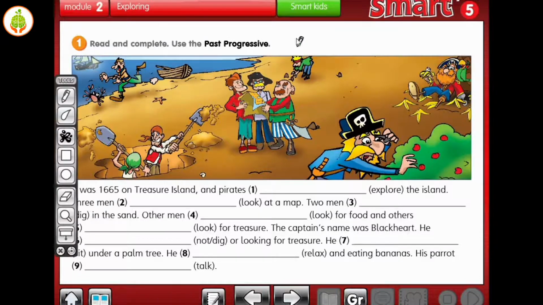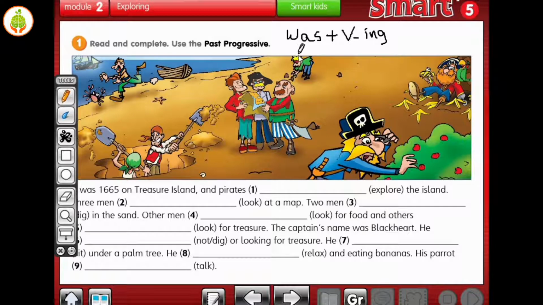First, if we have singular subjects like I, he, she, it, these are singular. Or for example, name of a man, name of a girl, we use was. For example, I was, alright, plus verb with ing.